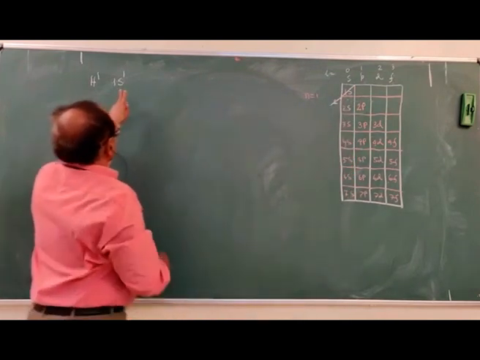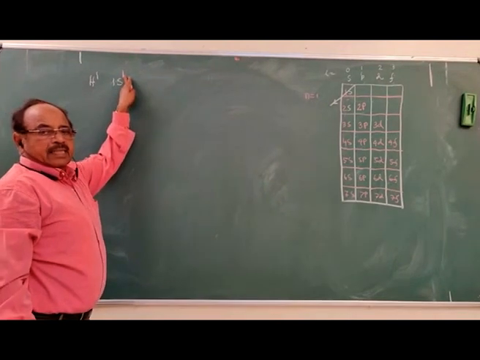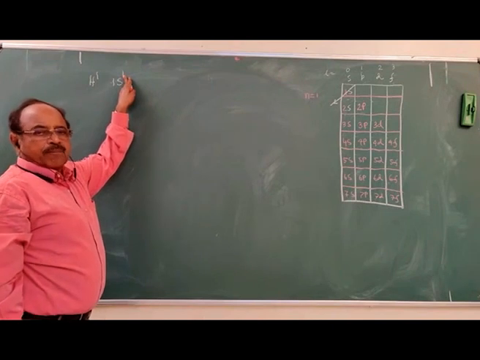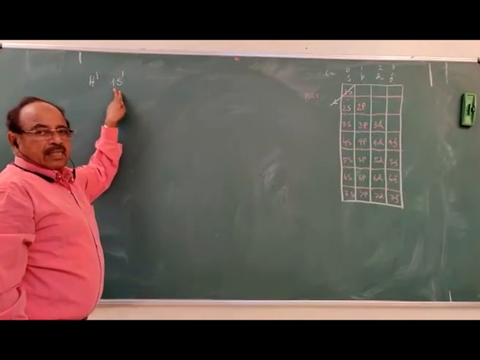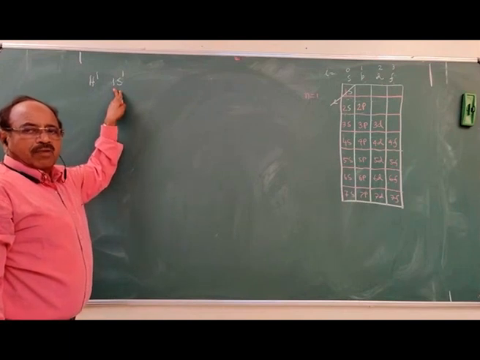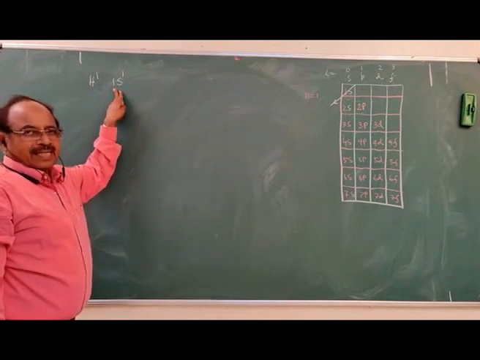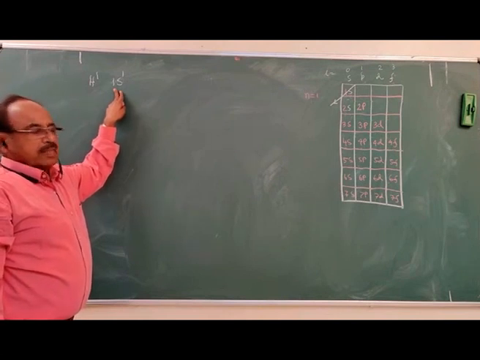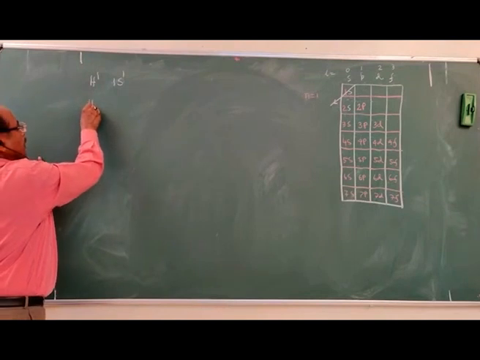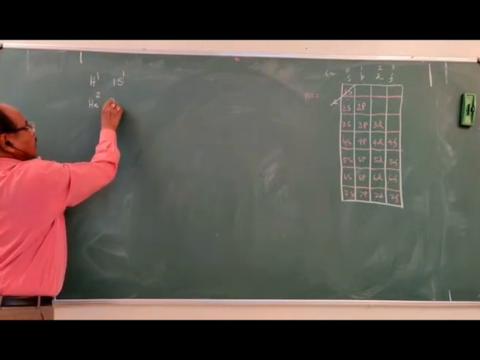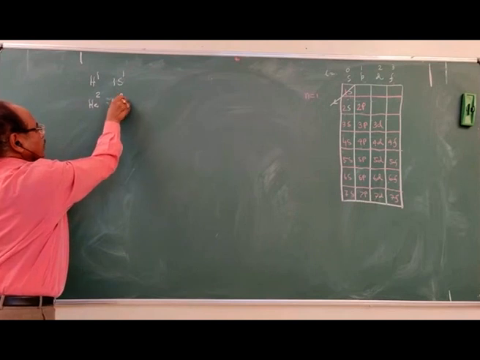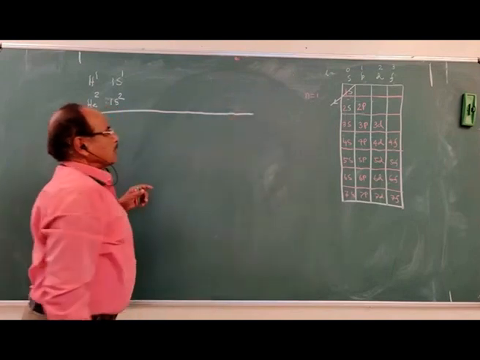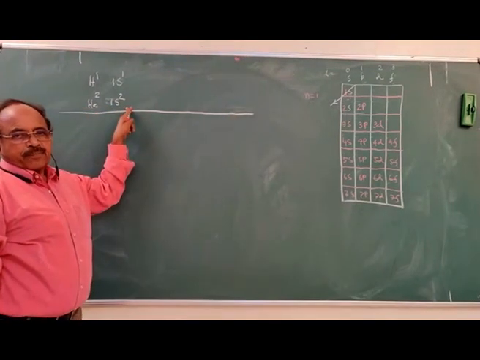So I write 1s and 1: this superscript 1 indicates the number of electrons present in the s orbital, and the 1 before it indicates the outermost shell of the atom of the element, and that also indicates the period of the periodic table. Then comes helium, atomic number 2. The electron configuration is 1s2. The capacity of the first shell is 2 electrons, so the K shell is completed.